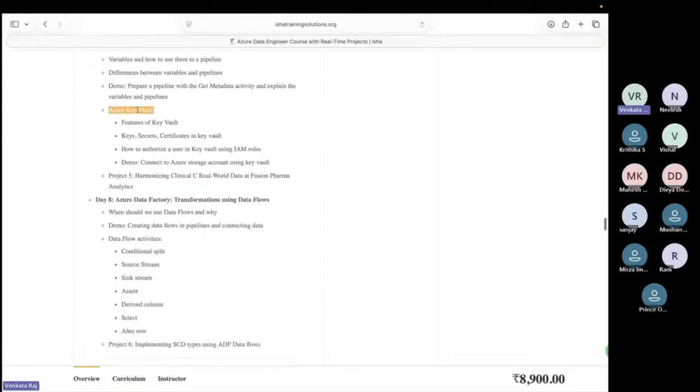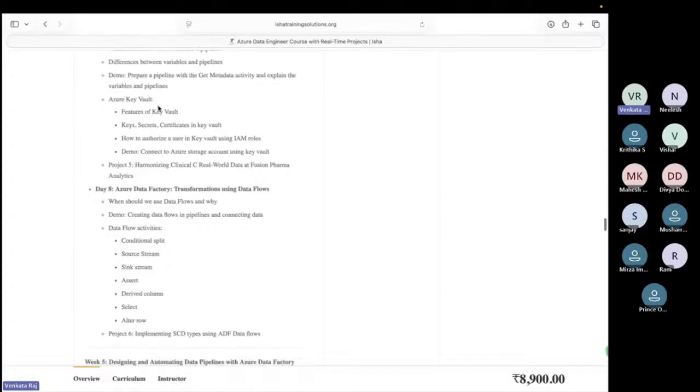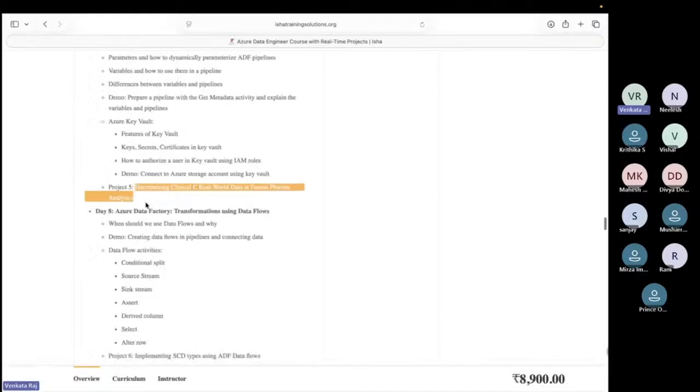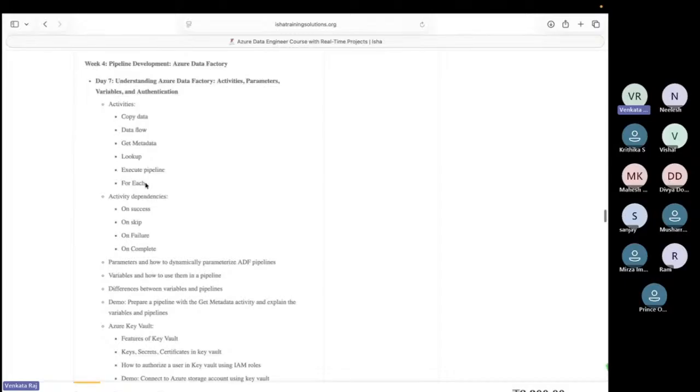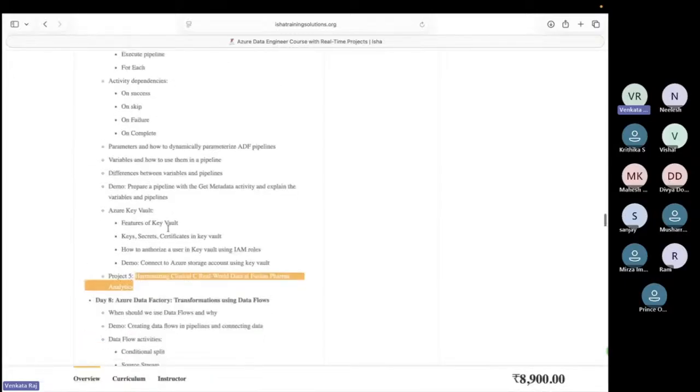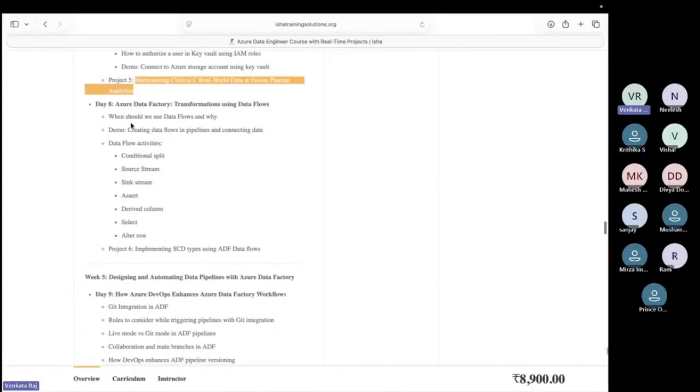How you can securely establish connections, even when you have secrets, how you can use Key Vault. Then we have a project explaining everything that we have covered theoretically on the same day. This is on day 7, and if you see, the project is also on the same day. Then on day 8, again we will talk about data flows. So this is the transformation in the ADF.